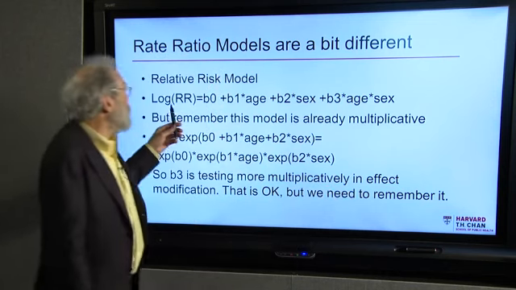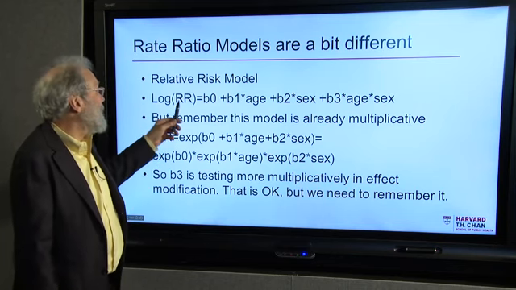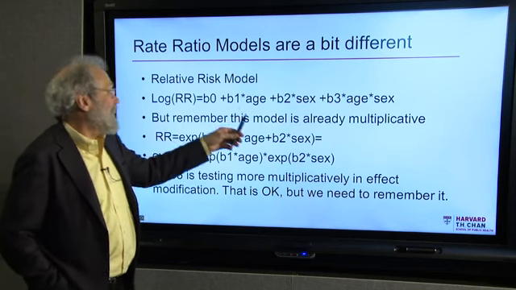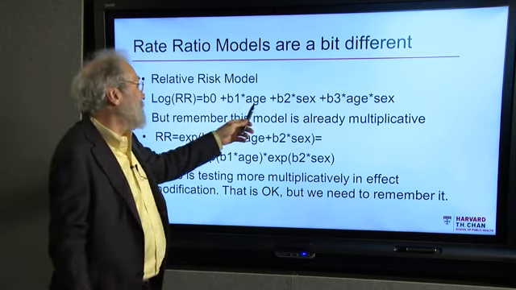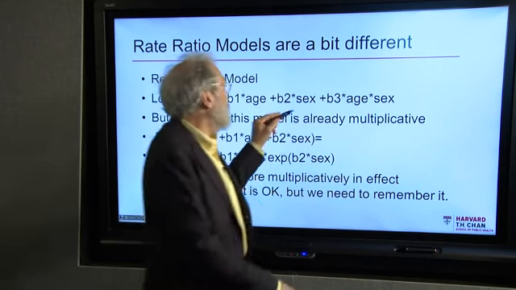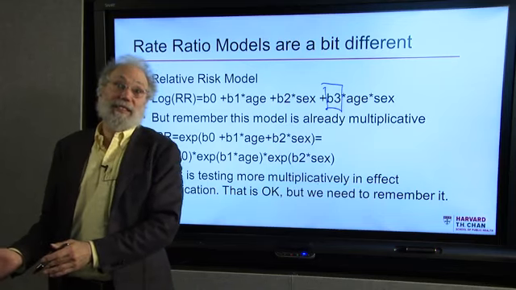If I am looking at rates, then I would have a model where I take a look at the rate ratio, and for some outcome it might depend on age, sex, and maybe there's an interaction, and that's what I want to test. I want to know, is B3 significant? If so, then the effect of age is different between males and females.